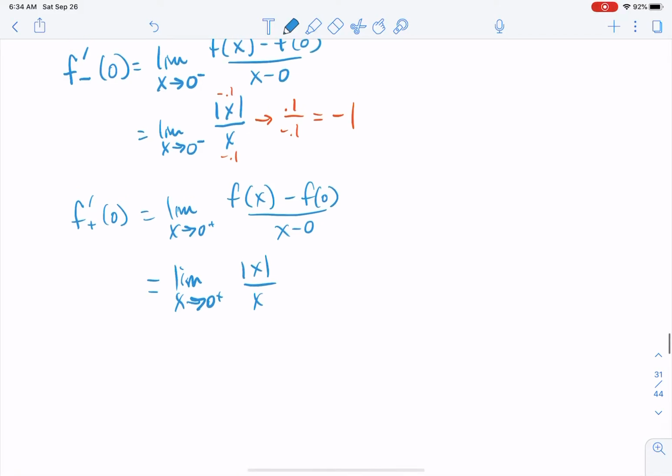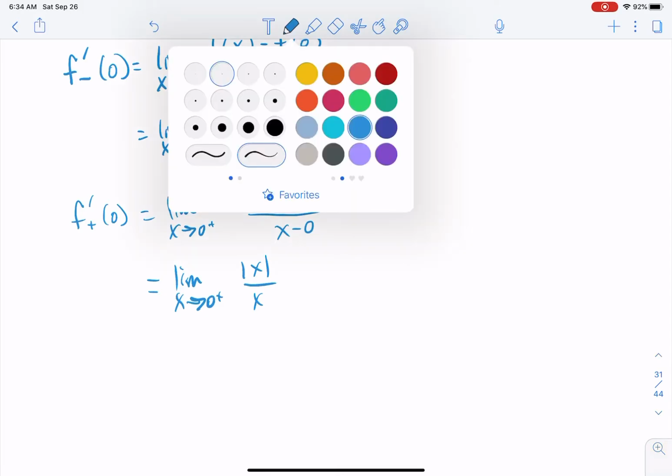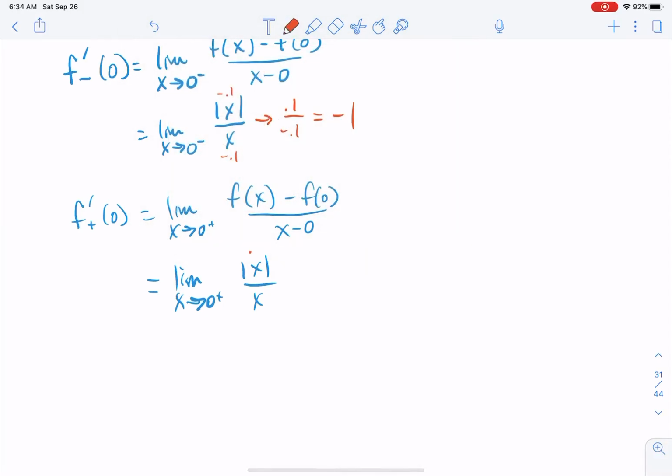This time, approaching from the right-hand side, x is a little bit bigger than 0, so we'll do positive 0.1 and positive 0.1 on the bottom. The absolute value of a positive number does nothing, so I have 0.1 on the top and 0.1 on the bottom, which gives me a 1.